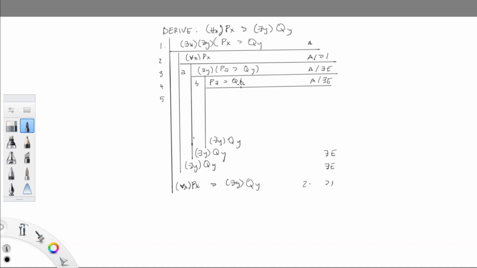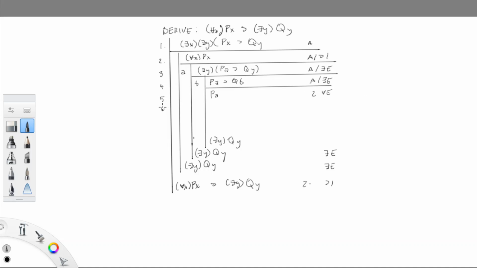Okay, so here are some of the steps that are going to help us along. We have this conditional, if Pa then Qb, to work with. We also have this universal generalization, for all x Px. If we instantiate that universal to the name a by universal elimination, things really start moving.